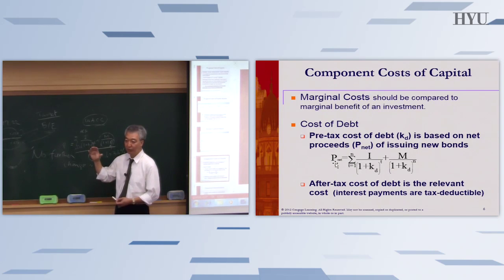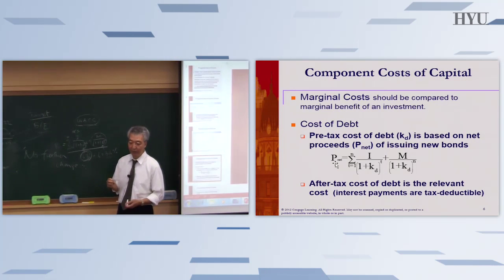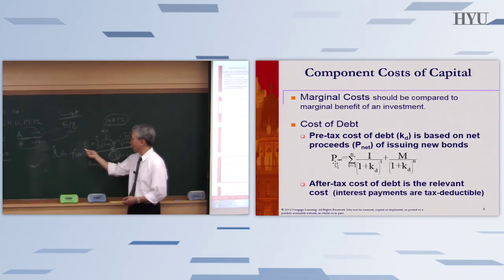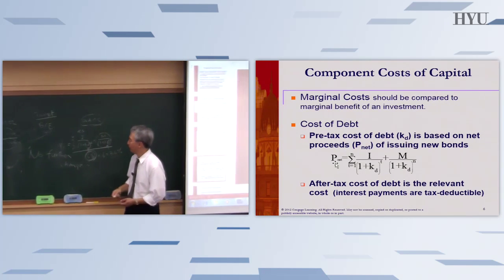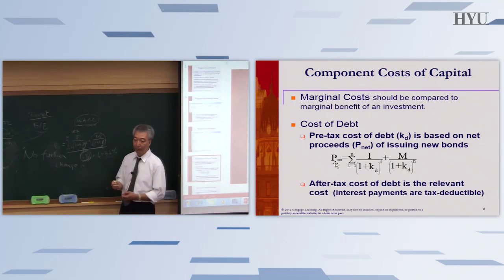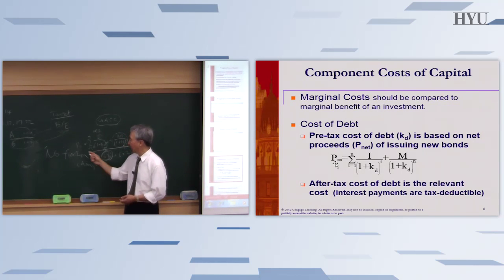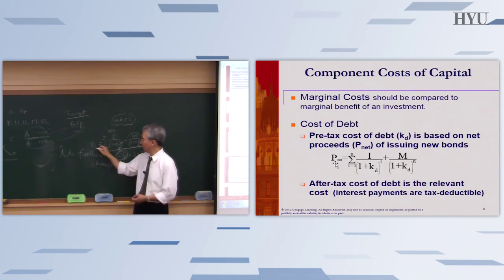In the previous discussion of bonds, we were on the side of the investor. If you were an investor, when you purchase the bond, you pay a certain amount of money, you receive interest payments, and when the bond matures, you get $1,000 back. Here, we are issuing the bond. So instead of paying the initial price, we are receiving.